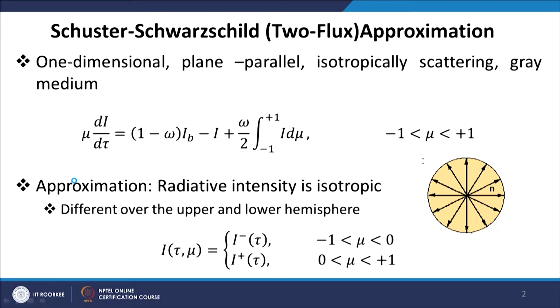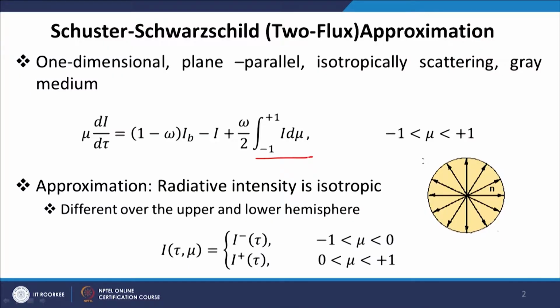Of course, this is an integro-differential equation and the problem is a little difficult to solve analytically if we do not have some way to approximate the intensity function that appears in the integration.